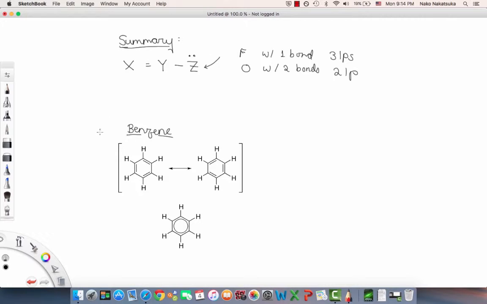Now let's talk about benzene very briefly. Benzene shows that it's possible to have resonance structures in ring formations, and benzene in particular has 2 resonance forms. As you can see right here, we have the double bonds like so, but I can actually shift these like so and end up with this resonance structure, which again, if I wanted to get back to the original, I could just shift these bonds.